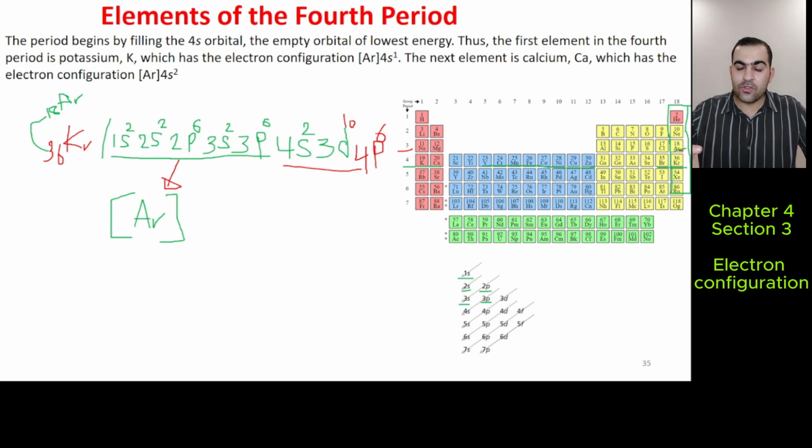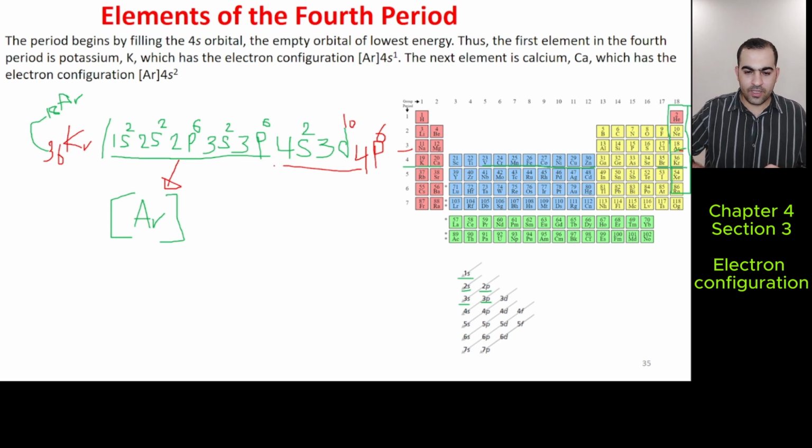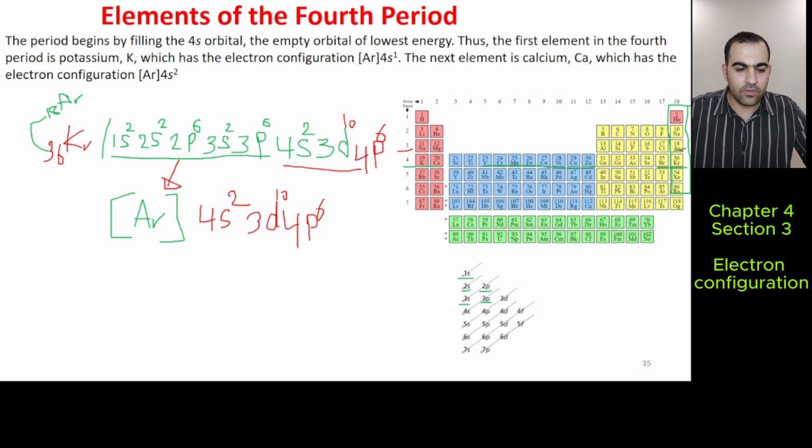I'm going to choose argon, because I choose a noble gas whose atomic number is less than krypton's. So I'm going to choose argon again, and write 4s2, 3d10, 4p6.